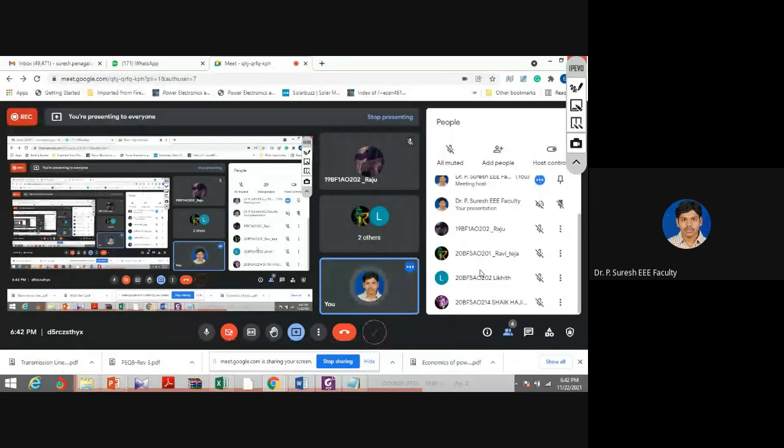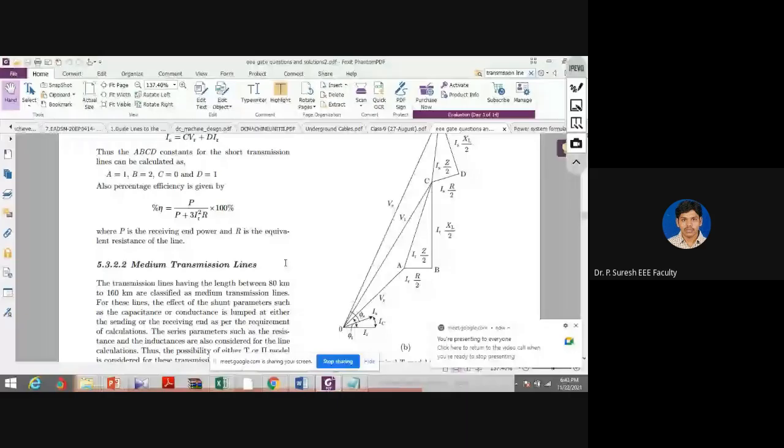So we have to know the basics of these logical questions. All of you know how to estimate the performance of the transmission line. What are the types of transmission line? Short, medium, and long. What is the difference between short and medium?